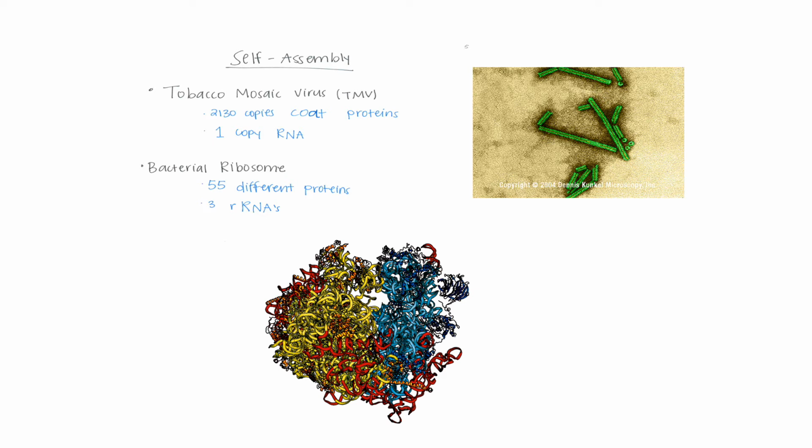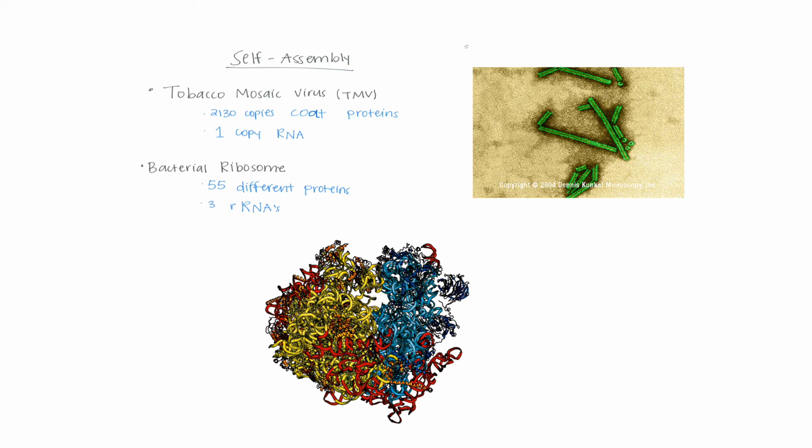Another one, which is maybe even more dramatic, is the bacterial ribosome. Ribosomes are extremely complex. Of course, we know they carry out protein synthesis. With the bacterial ribosome, there are 3 ribosomal RNAs and 55 different proteins. With the tobacco mosaic virus they were identical proteins, but with the ribosome there are 55 different proteins.